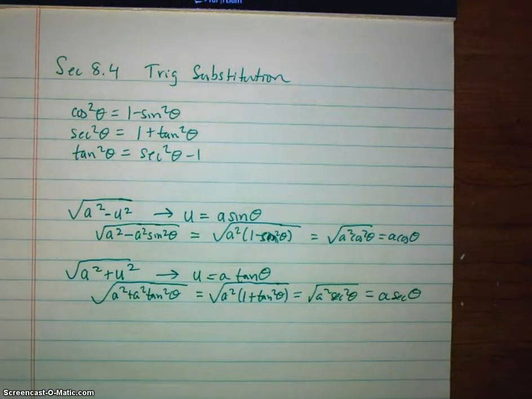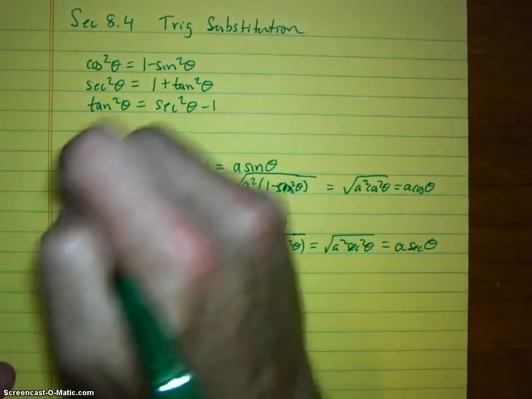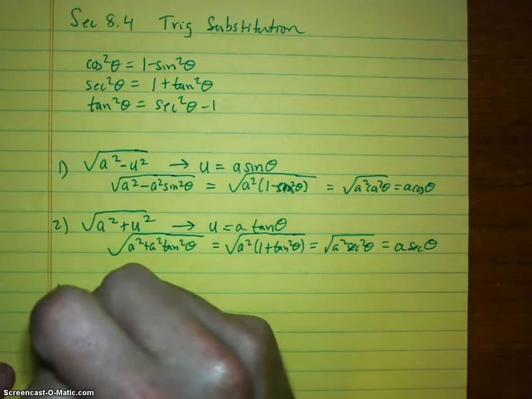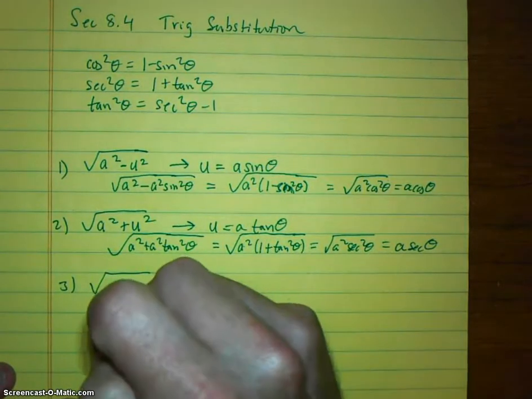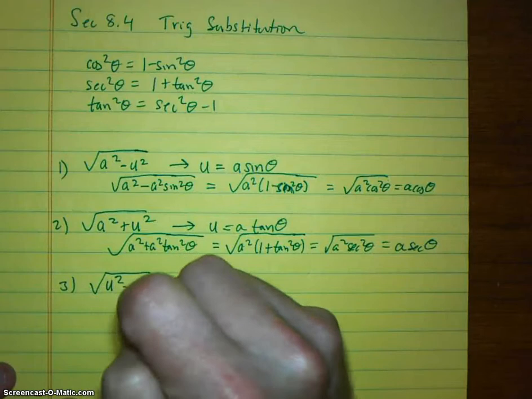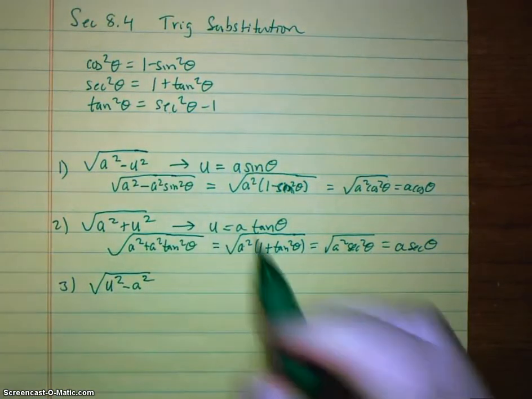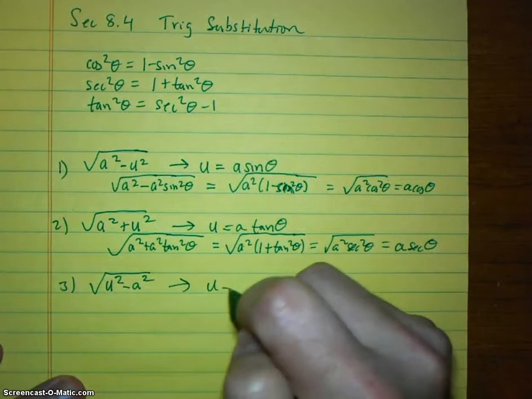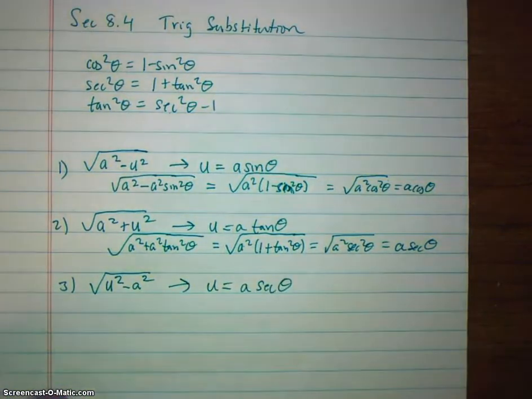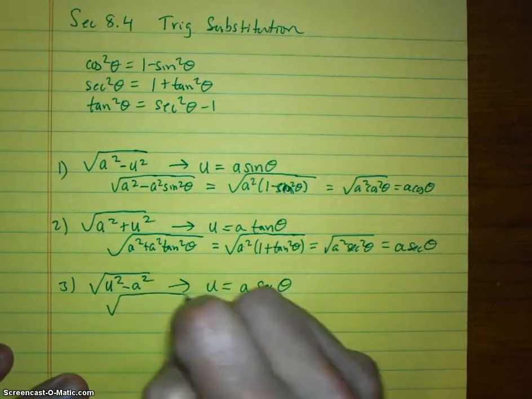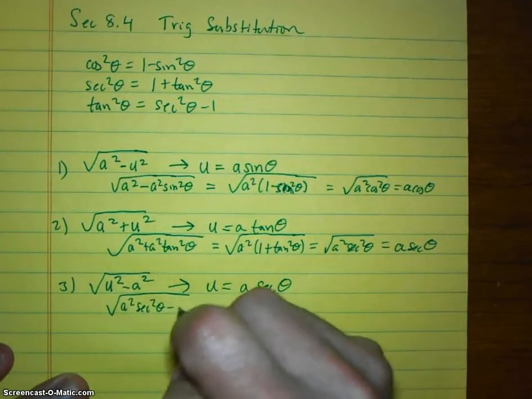All right, and then finally, the third possible situation. Let's label these 1, 2, 3. If you have square root of u squared minus a squared, u is going to be a secant theta. In which case, this square root will be a squared secant squared theta minus a squared.